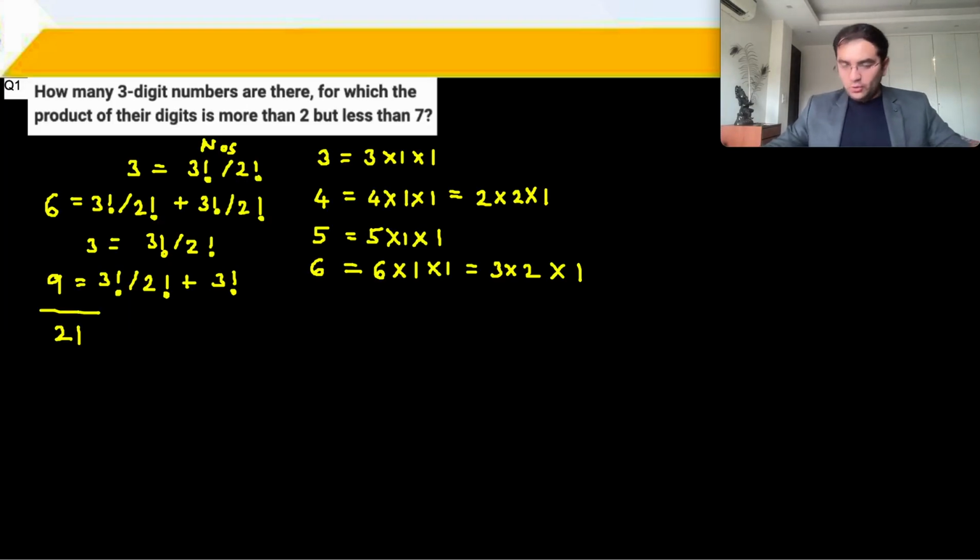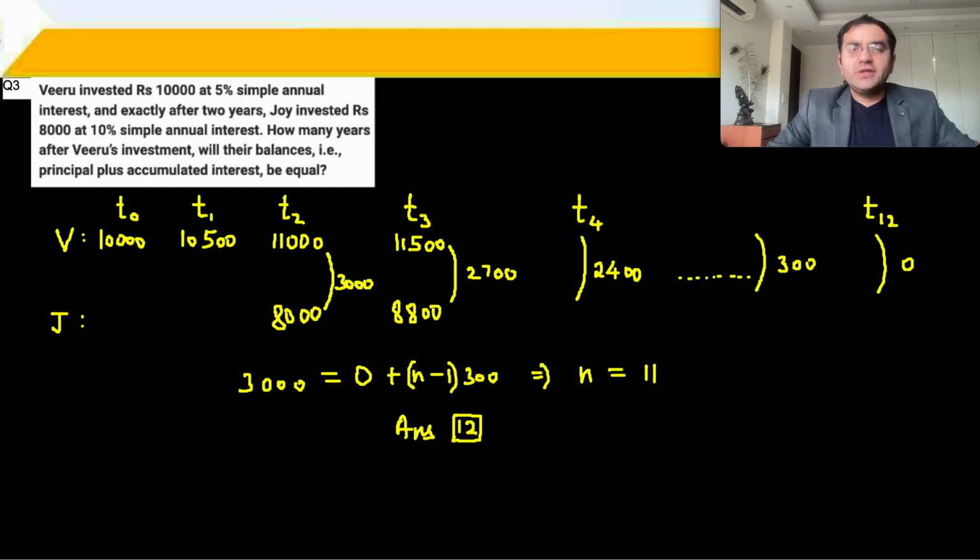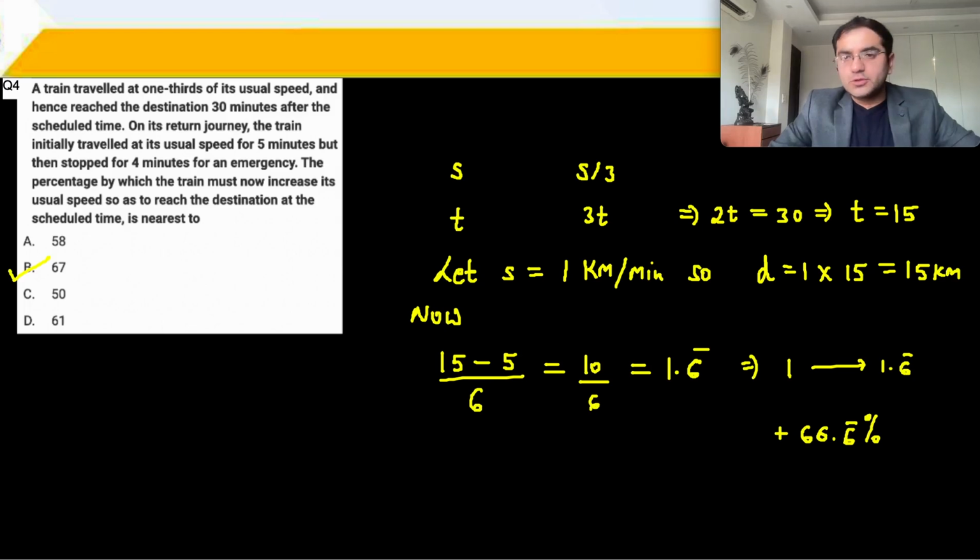Going in order, question number 1 was certainly very doable, and it had just a little bit of PNC, but it was very manageable. 2 was tough. 3 was a basic question which also contained AP, slightly more than easy, a decent question but doable. 4th was definitely doable using proportionality.